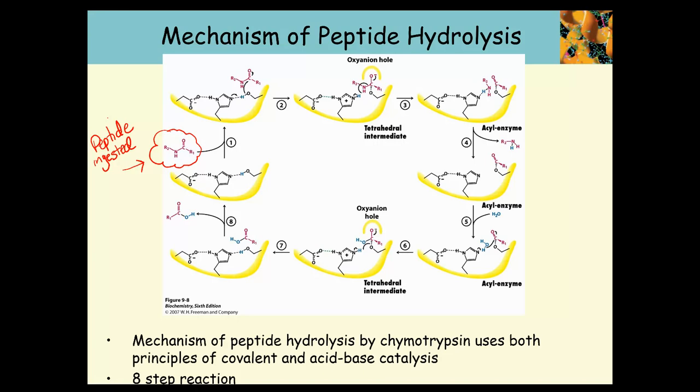And the whole point of this mechanism will be to cleave it into two separate chains. So the whole point is going to be that that peptide bond right there gets cleaved. So we'll have one chain that gets cleaved into one chain and a second chain.